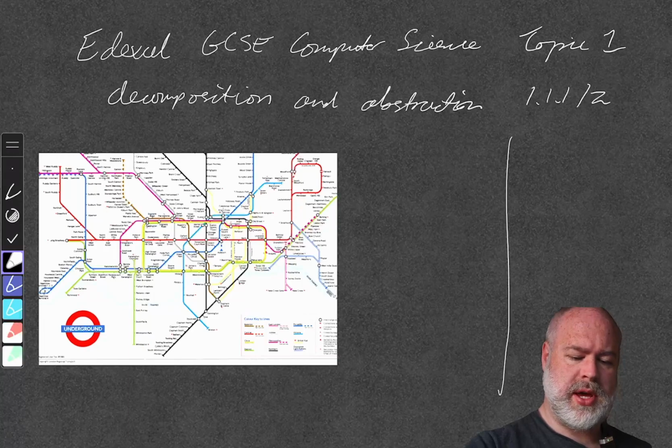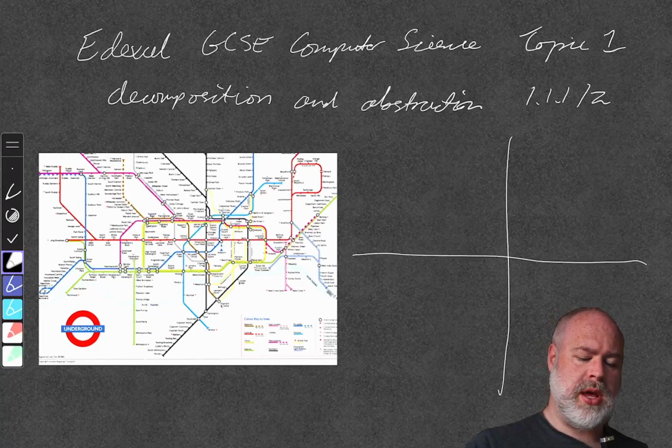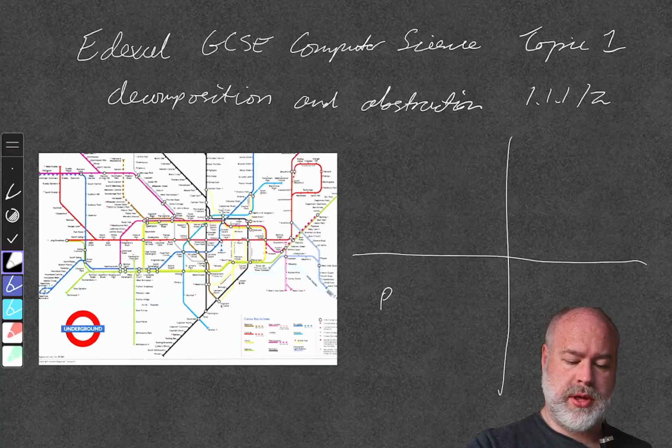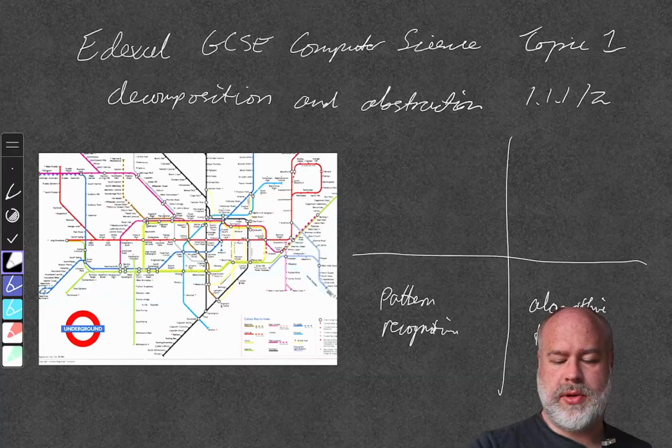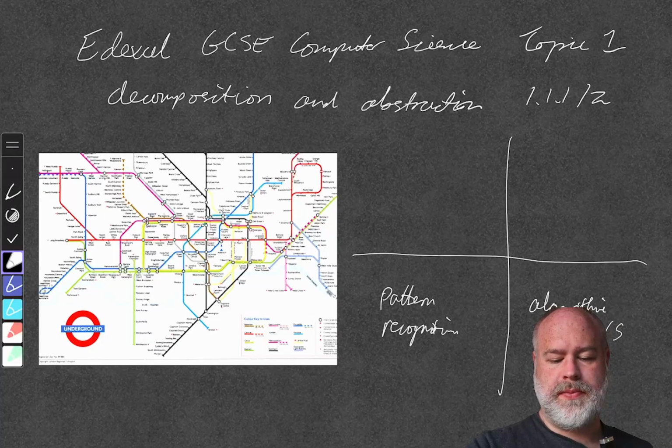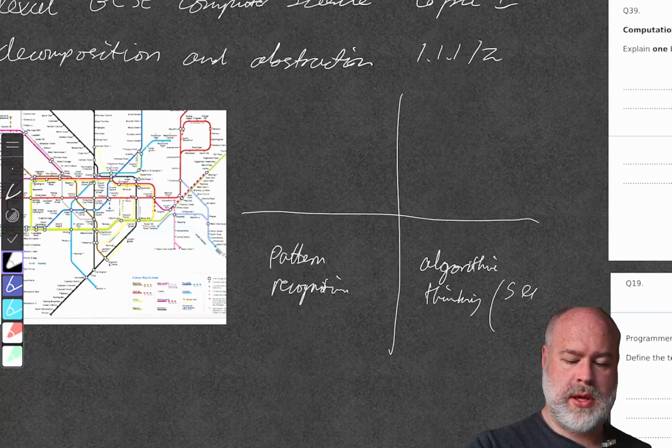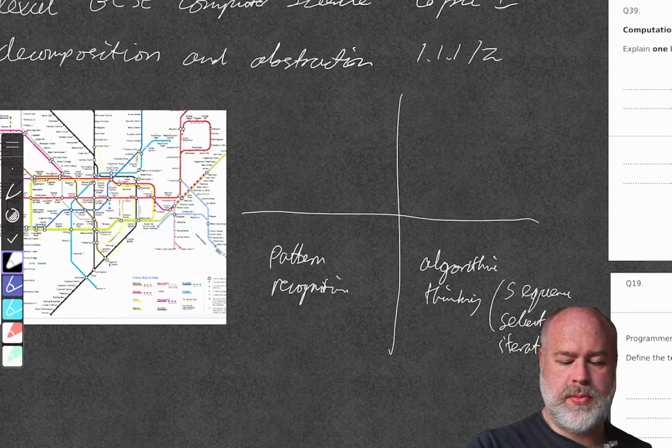And computational thinking is where we will also be doing some pattern recognition, and algorithmic thinking, and this would be sequence, selection, iteration, so loops.